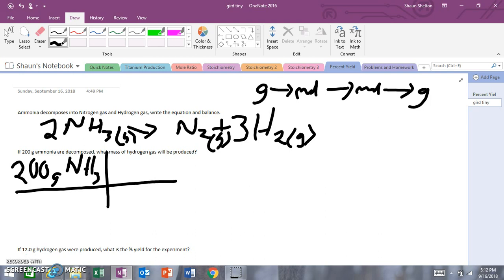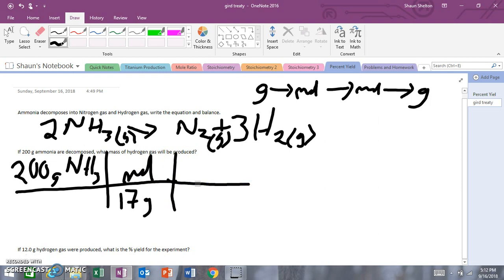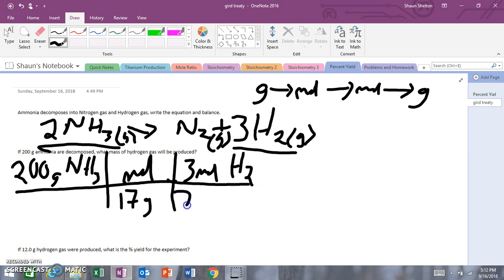So the molar mass of NH3 is 17 grams per mole, so we're going to divide by 17 grams per mole. And then we're going to take the mole ratio. Now we're looking for hydrogen to NH3, so that's 3 moles of hydrogen to 2 moles of NH3. And then this final step is to convert into grams.